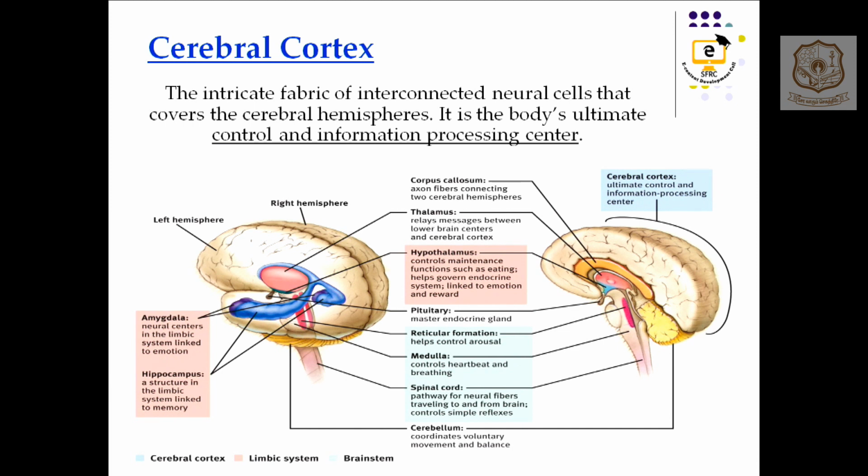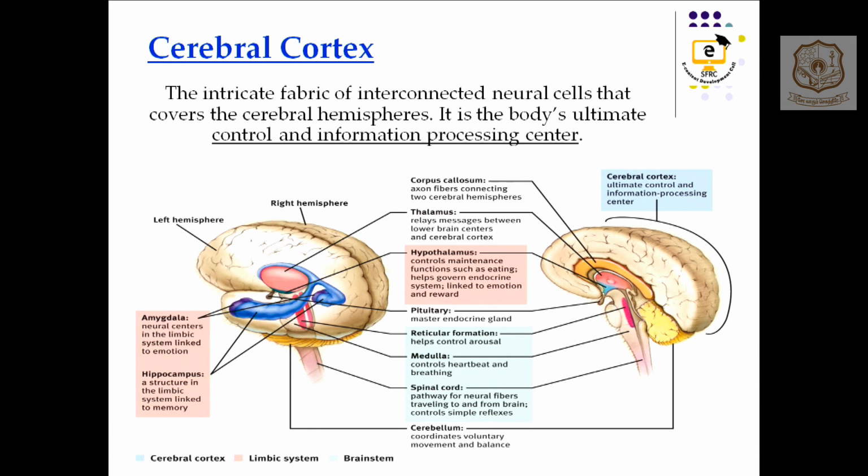So we will focus on the functions of the cerebral cortex first. The cerebral cortex is an intricate fabric of interconnected neural cells that covers the cerebral hemispheres. So what is the cerebral cortex? It helps us in controlling and in information processing.